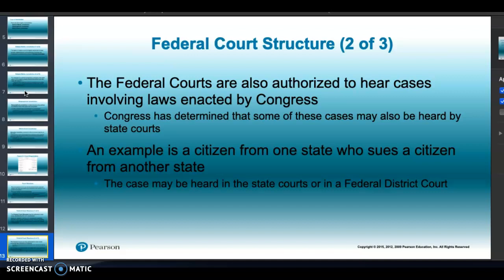So a case could be heard in state courts or in federal courts if somebody, say, is from Nevada and sues an individual in California, because either state could have jurisdiction, or it could be heard in federal courts to make sure there's no unfair issue.